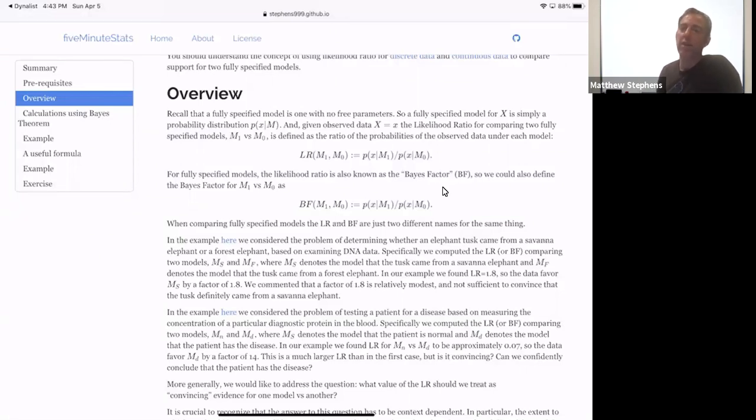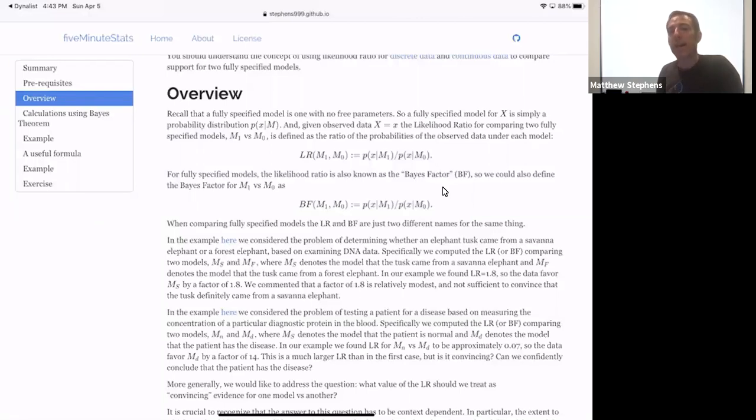For the disease case, I think we can all agree that 14 is bigger than 1.8. So the evidence in that example is stronger, but is it enough to be convinced that the individual is diseased? Well, again, that depends on what we know about the relative plausibility of being diseased versus normal.